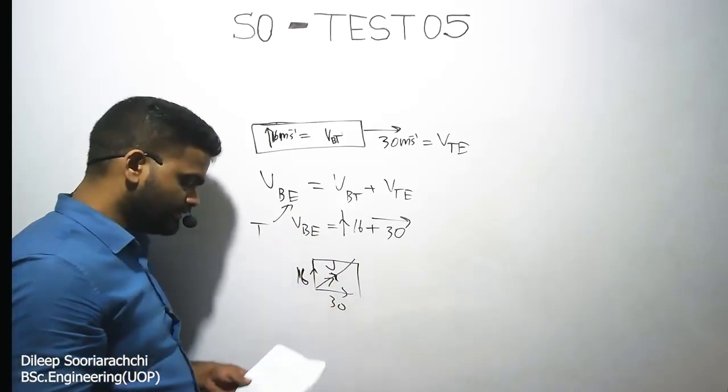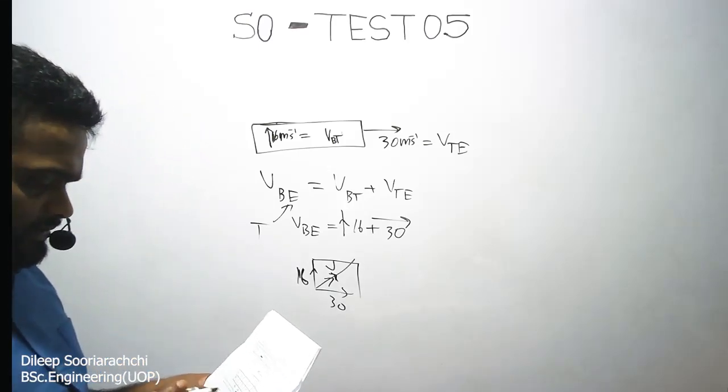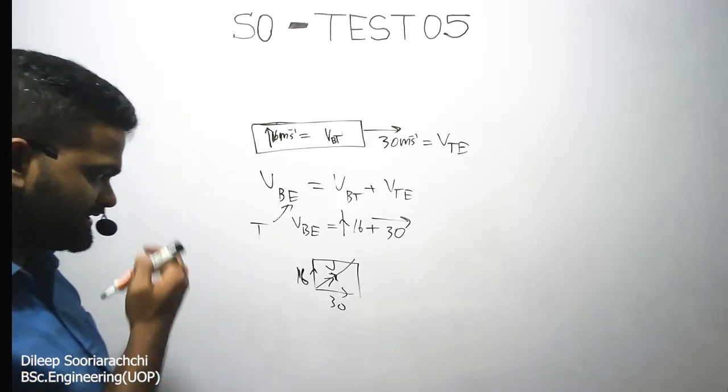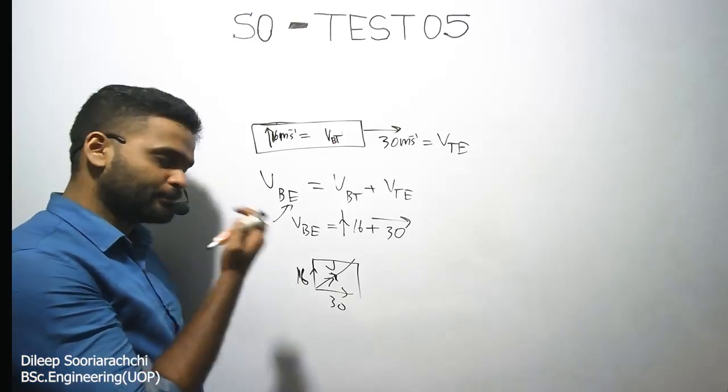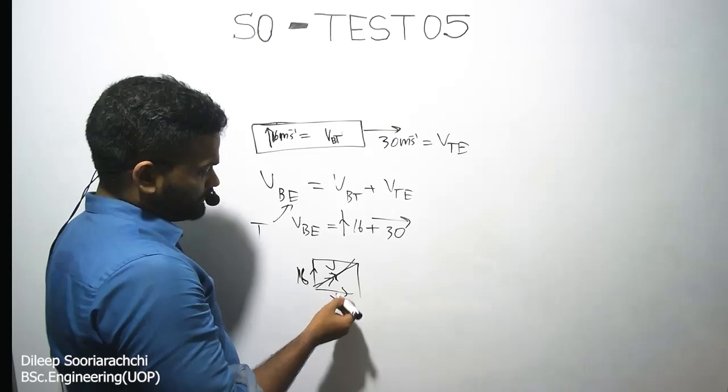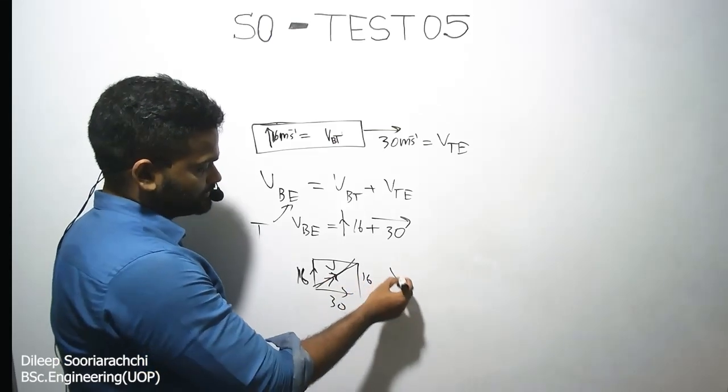Magnitude of VBE. I think they are not asking about directions, right? They are just asking about magnitude, which is the length of the diagonal. So how do we find it? Just apply Pythagoras.